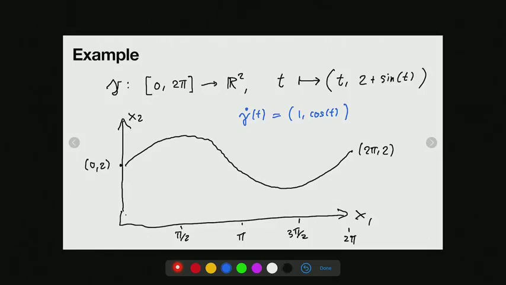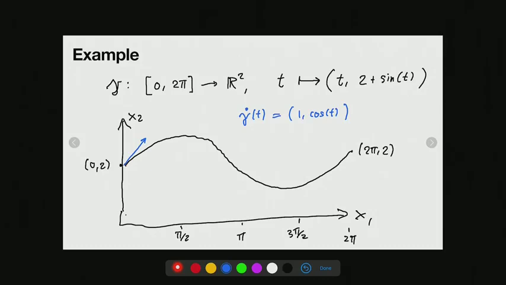We can plug in the formula for the tangent vector. What is that vector at the very beginning? Zero, 2? No, not the position.